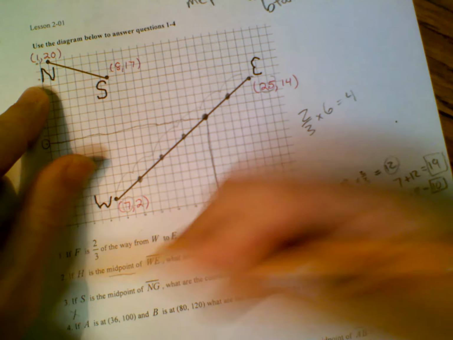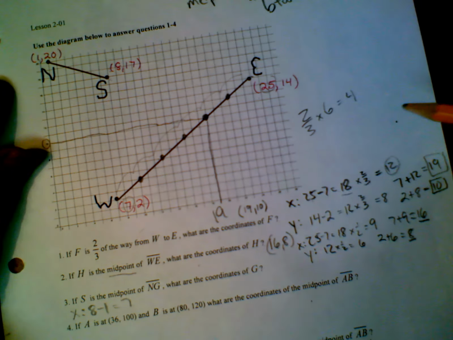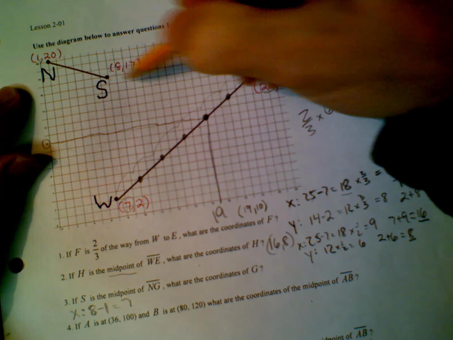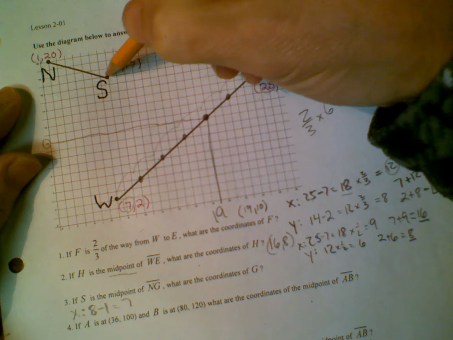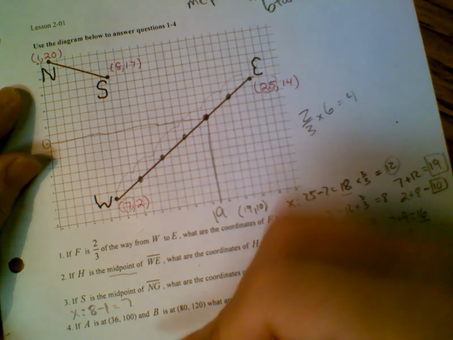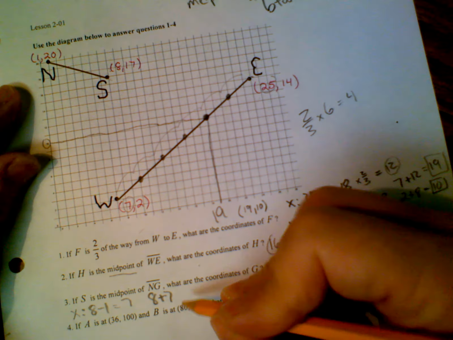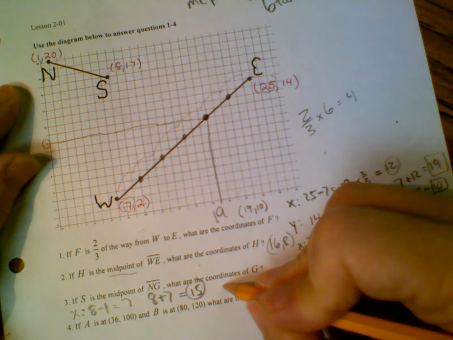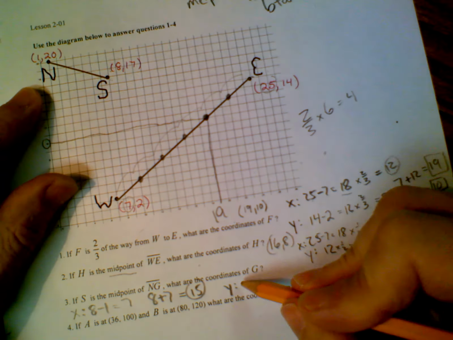In the x direction, let me show my work here. 8 minus 1 is 7 steps. Therefore, point G must be 7 steps this way in the x direction. Okay. Well, that's past 8. We're getting larger than 8 as we move in this direction. Right? So starting from the 8, if we go 7 steps beyond that in the x direction, we get to a coordinate of 15. In the y direction, let's see, 20 minus 17 is 3 steps.